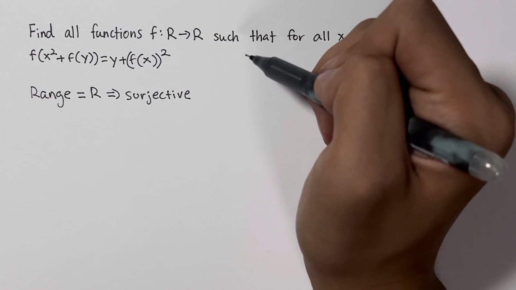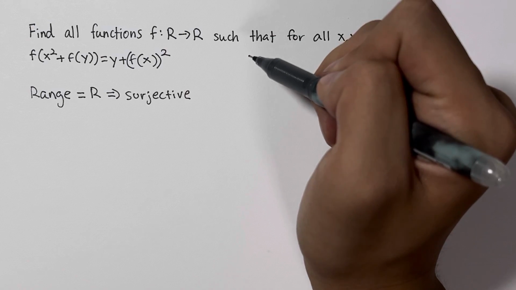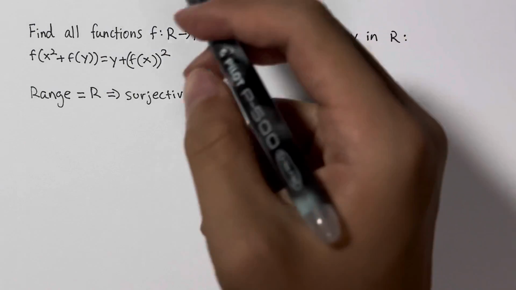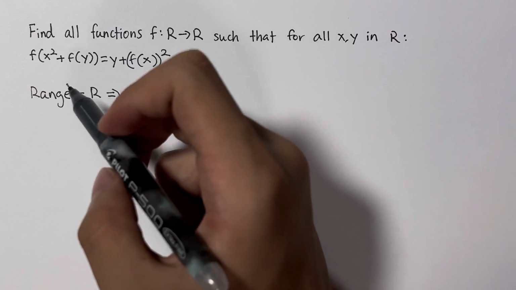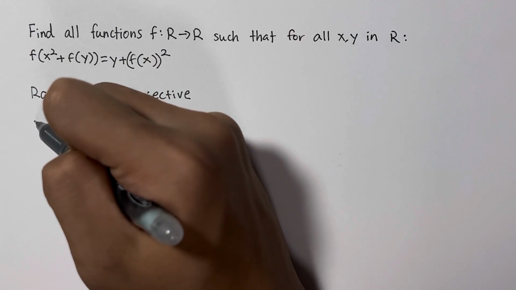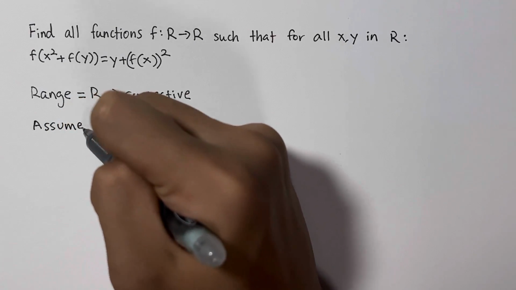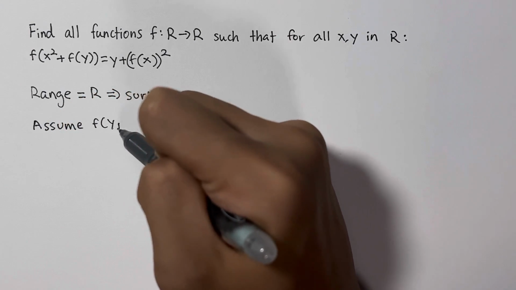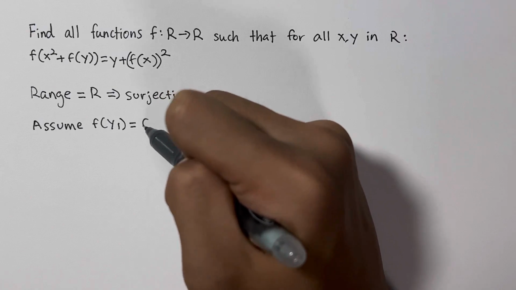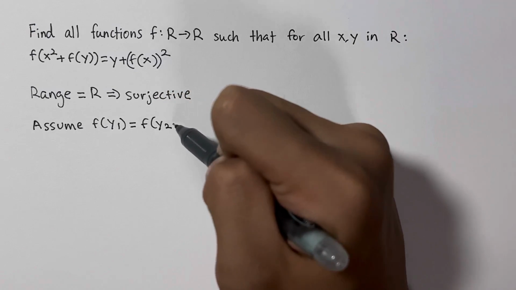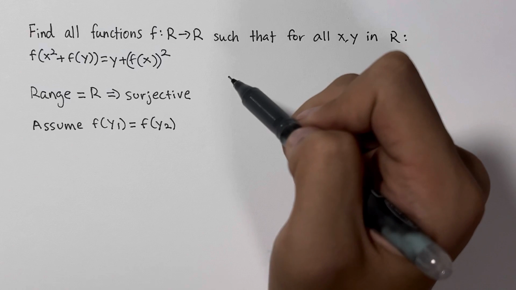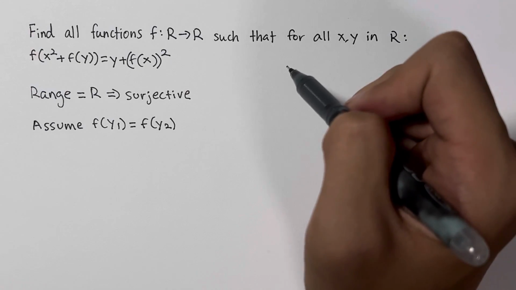To prove injectivity, one-to-one, you need to show that if f of y1 equals f of y2, then it must be that y1 equals y2.